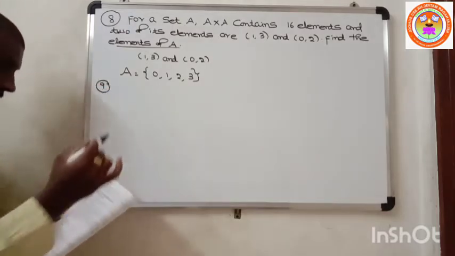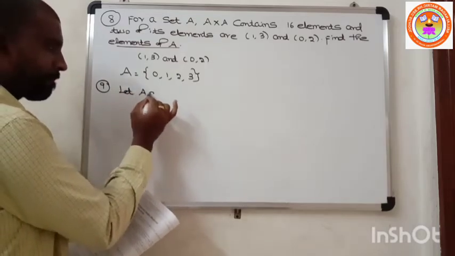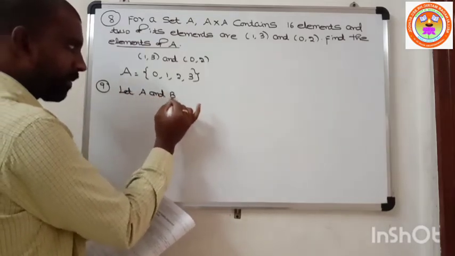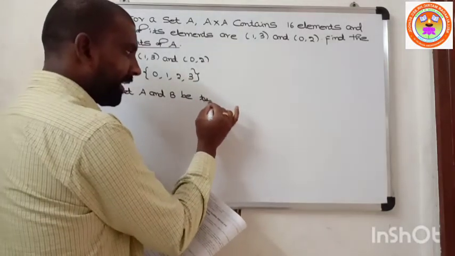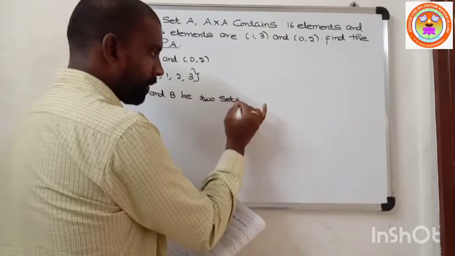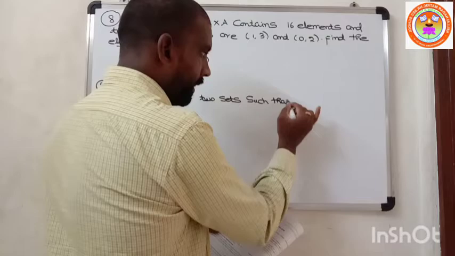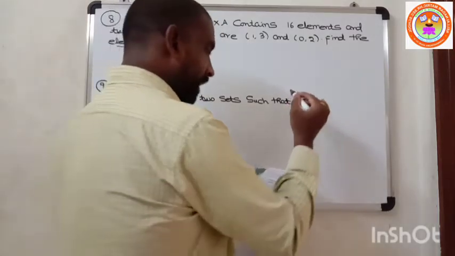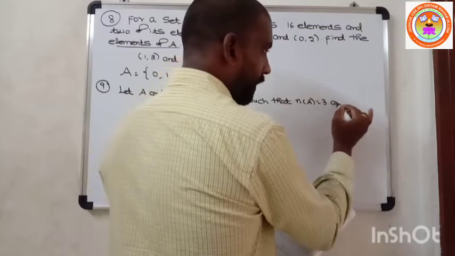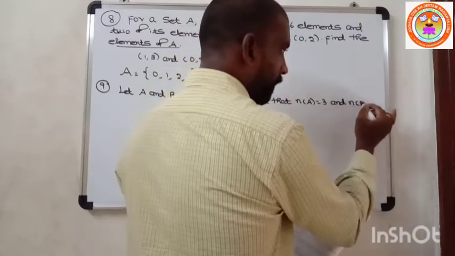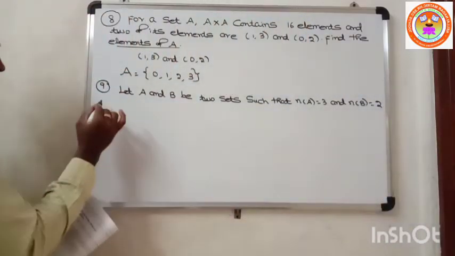Question number 9. Let A and B be two sets such that n(A) equal to 3 and n(B) equal to 2.